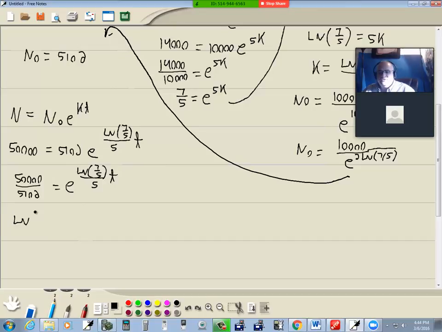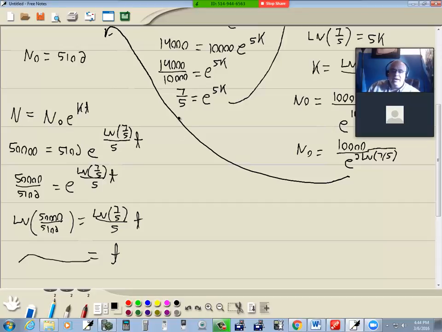And then you'd have natural log of 50,000 over 5102 is equal to natural log of 7/5 over 5 t. And then you would multiply both sides by 5 over natural log of 7/5, and that would give you your answer. Okay. Now back to your question.